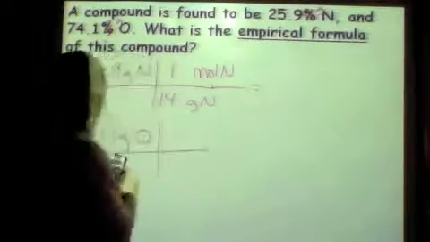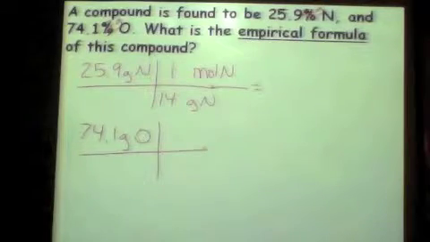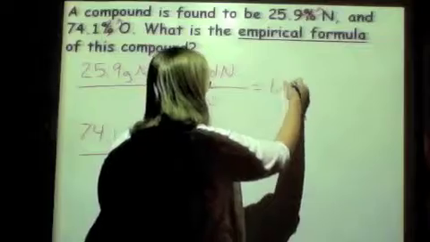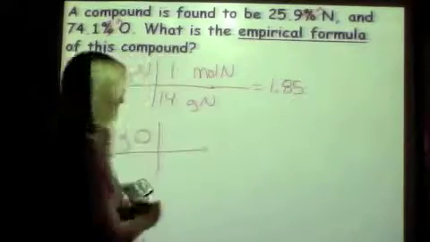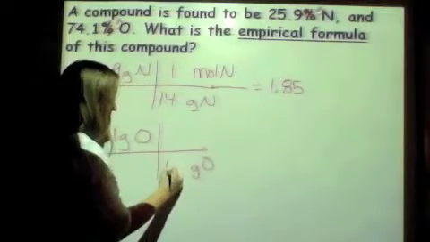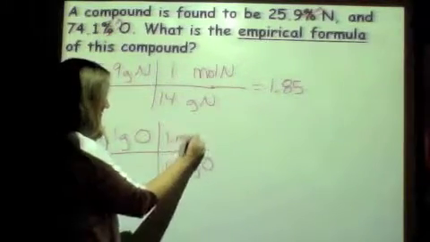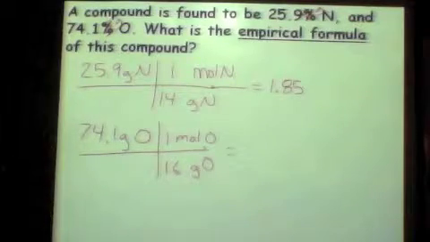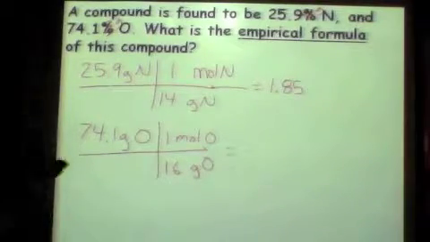You calculate, so 25.9 divided by 14, 1.85. Same thing down here, grams goes to the bottom. 16 grams is 1 mole of oxygen. 74.1 divided by 16.